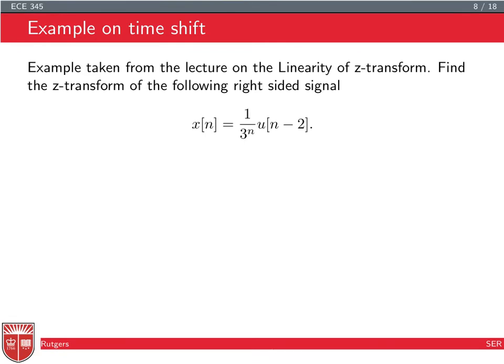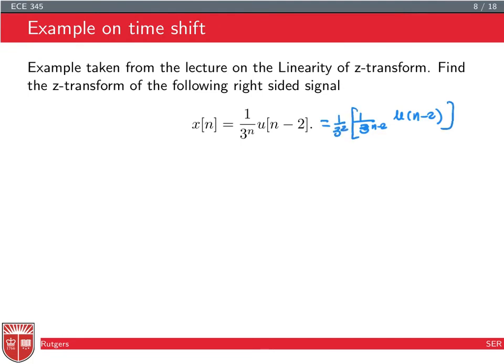So I can write x of n here. You can see that there is a shift in the u, and this is what I want to leverage. I can write x of n as (1/3)^(n-2) u[n-2]. So everything is shifted by 2. But to match what x of n is here, I have to write it as (1/3)^2 times this signal.